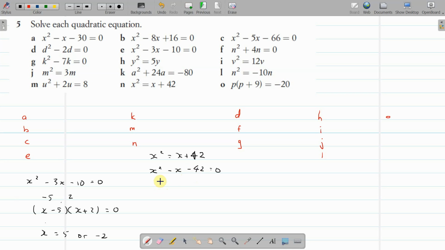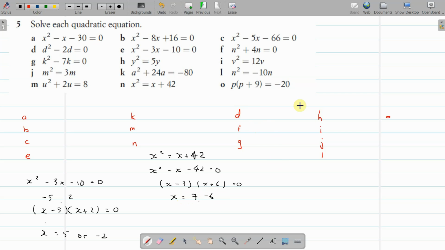That's minus 7 plus 6. Once you've got the rearranging part, (x minus 7)(x plus 6) equals 0, and then do the opposite. X has got to equal, the opposite of minus 7 is 7, and minus 6. Okay, that's that one.